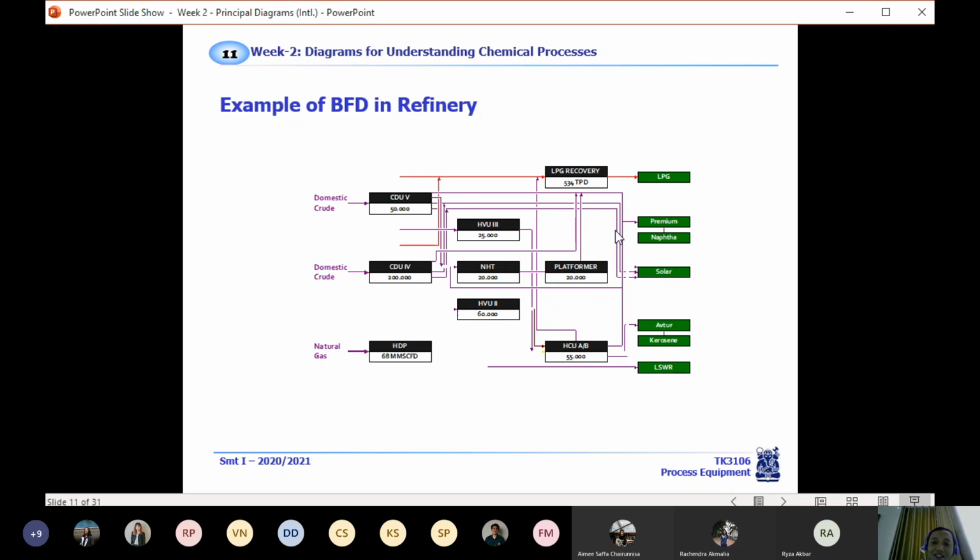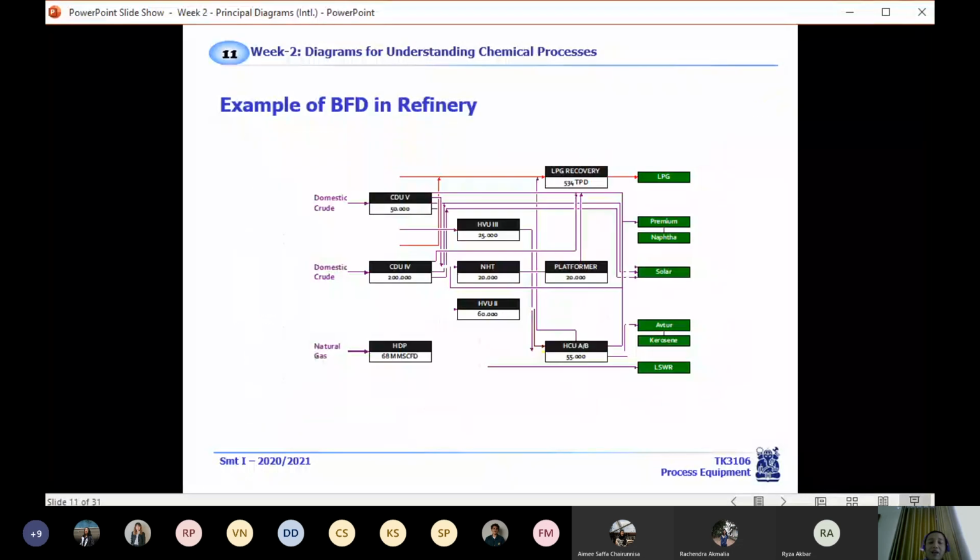Oh, the solar is coming from this CDU. And for the LPG, it is coming from the LPG recovery unit. So a helicopter view will help you to understand quickly the schematic business process of the plant.